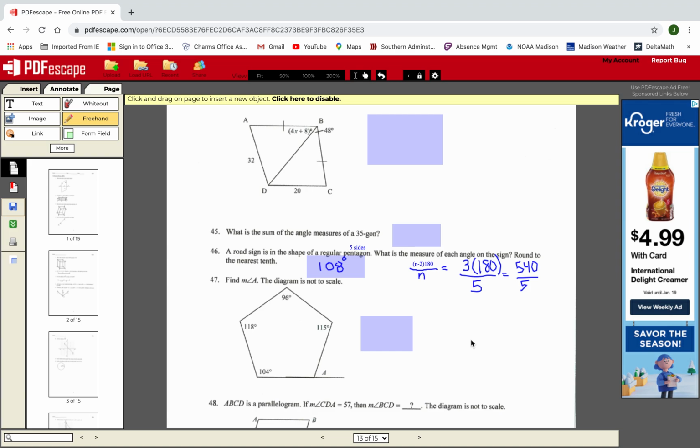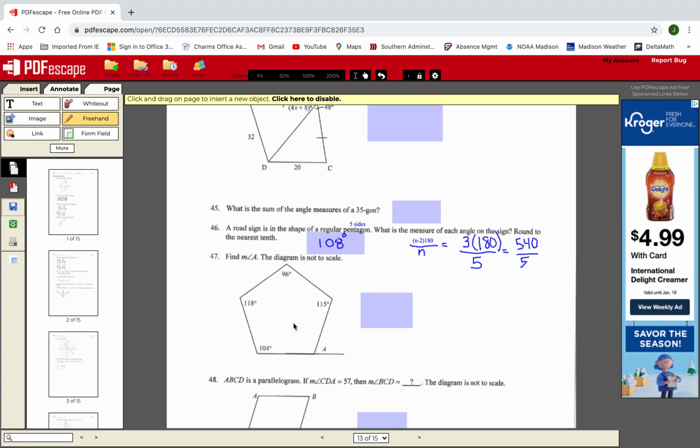So now we're looking at 47. Conveniently, it's also a pentagon. We already know that the sum of the interior angles of a pentagon is 540. We just did that. Sum of interior angles of pentagon equals 540. Okay?